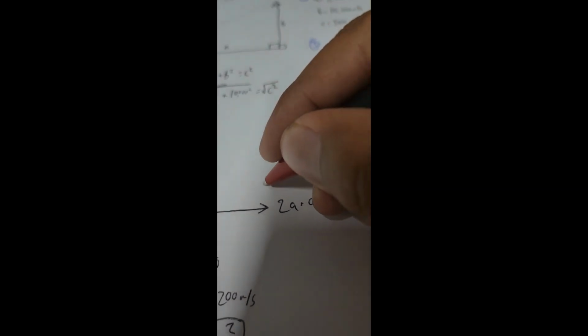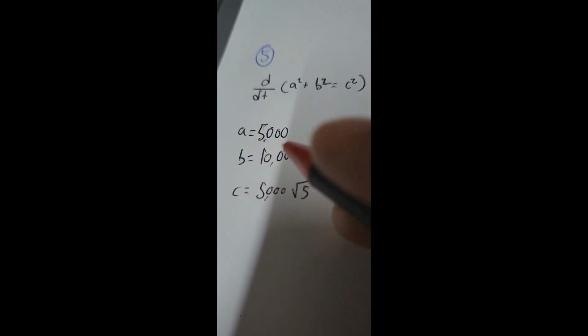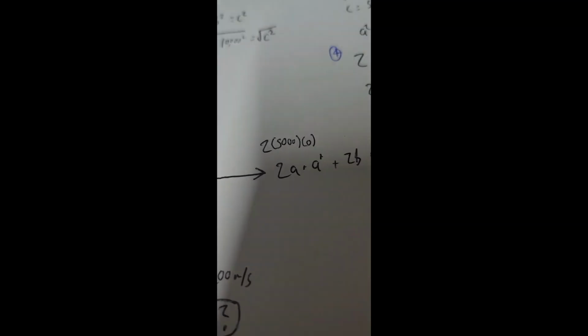2a is 5,000, which is the value of a, times a prime, which is 0, because it doesn't have to be differentiated.